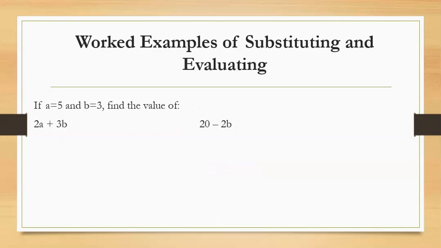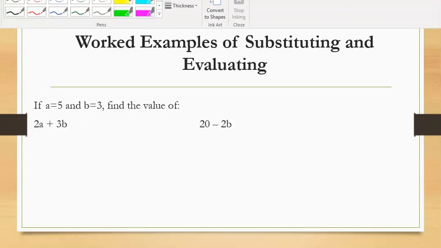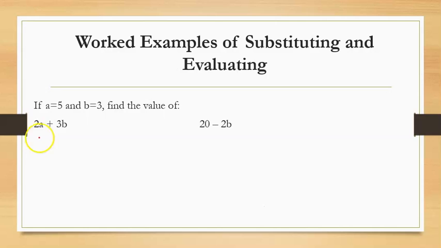So here are 2 examples where a equals 5 and b equals 3. The first expression is 2a add 3b. If you watch part 3 of algebra, my YouTube clip on multiplying algebraic terms, you will know that 2a is the same as 2 multiplied by a, and 3b is the same as 3 multiplied by b.